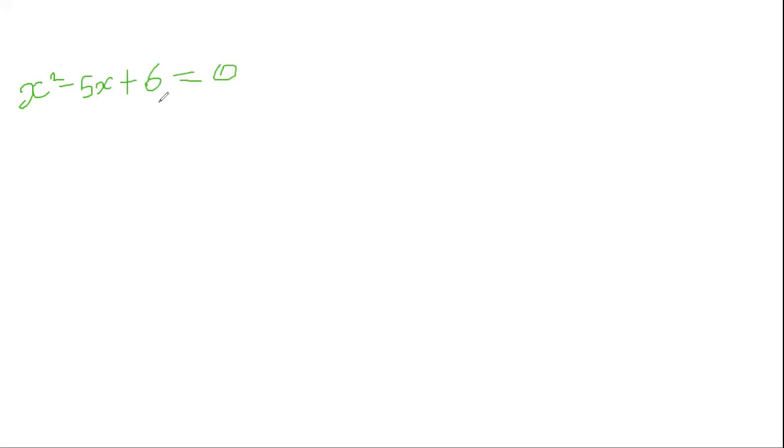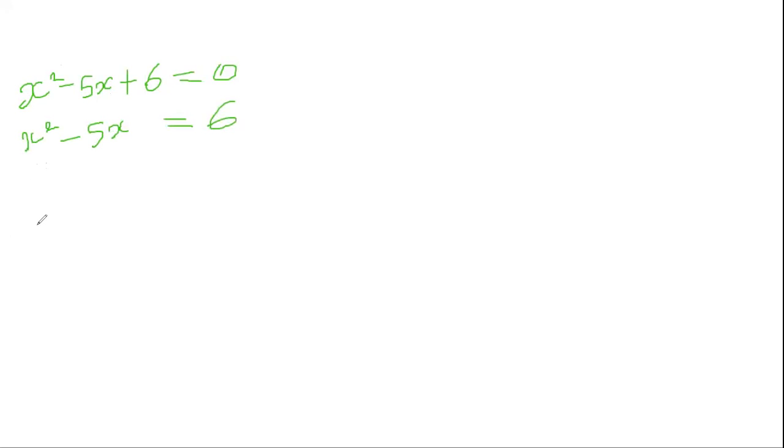The other one we had at first using completing squares. So this one we don't need to divide. So x squared minus 5x would be equal to 6. So we shall now complete squares.